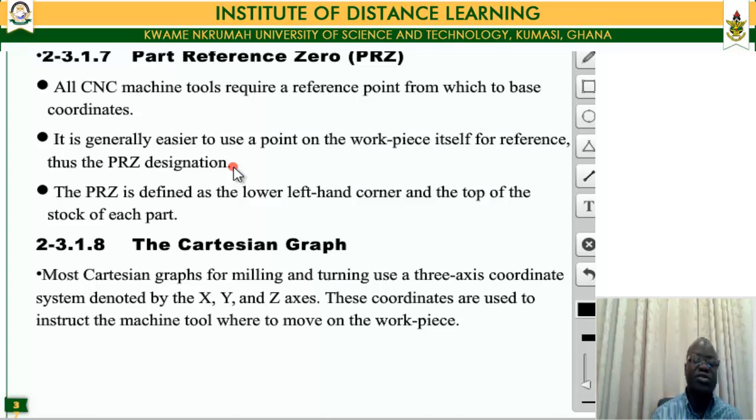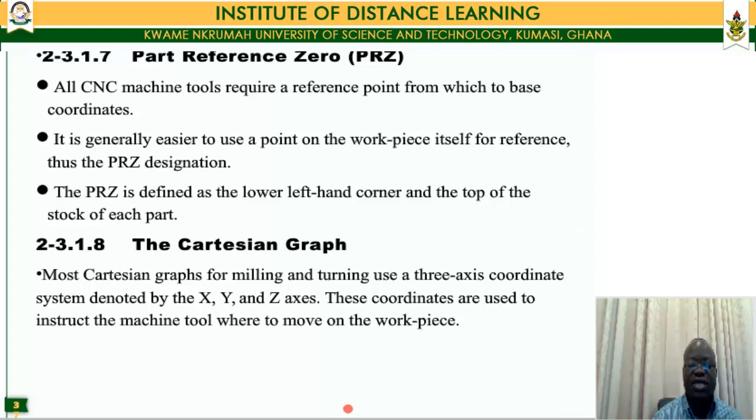So you do that in such a way that you can start programming the machine based on a reference coordinate point that you have set, and which will obviously not be changing. Okay. Now, when it comes to the Cartesian graph, we're going to look at that for milling and turning, looking at the Cartesian coordinates very shortly.